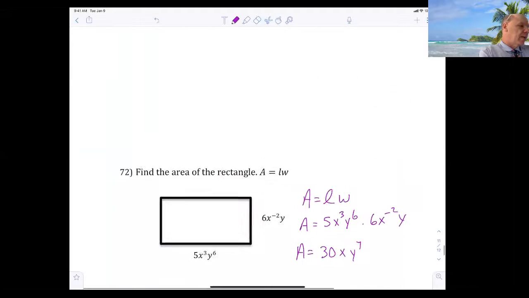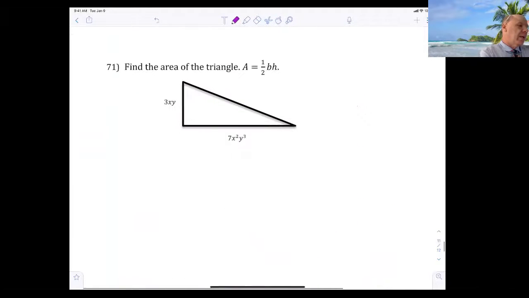All right, so let's look at 71. And again, I told you the area is 1/2 base times height. Oh, by the way, go ahead and add this right down here. That has to be a right angle. So again, area equals 1/2 times 3xy times 7x squared y cubed.